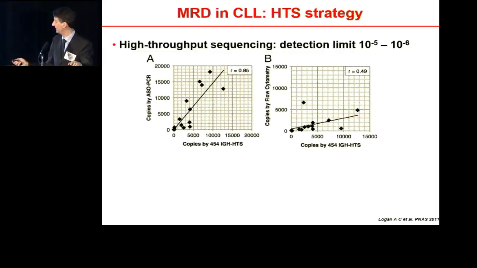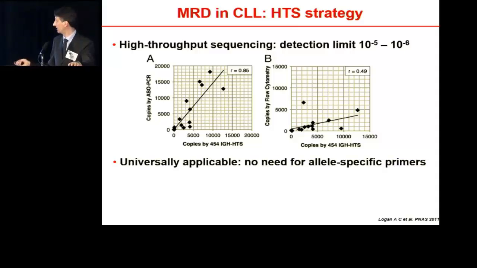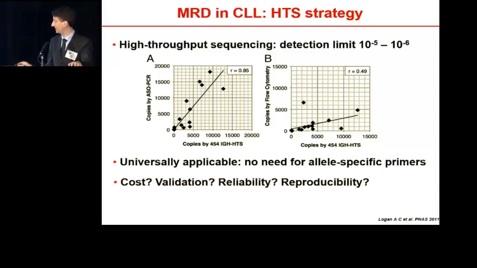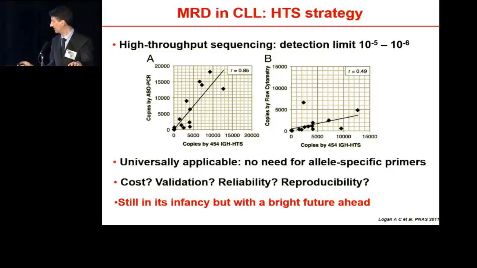And indeed, so far, preliminary data show that there is a very nice correlation with the PCR as well as the four-color flow cytometry technique, and this will be universally applicable, but it remains still to be validated in large clinical trials. Still, I think that in a couple of years, this will probably take over all the other techniques.